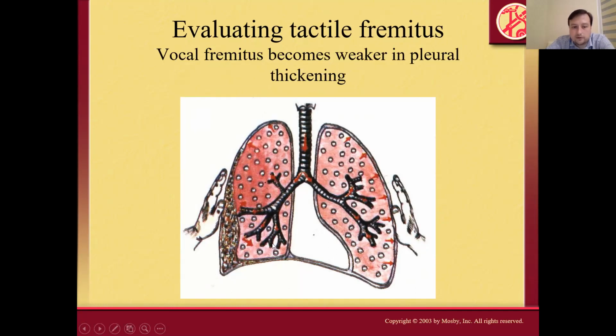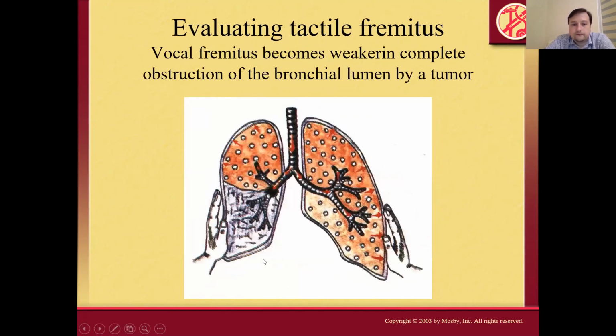In the left part, we hear weaker vocal parameters. Next reason, vocal parameters weaken in complete obstruction of the bronchial lumen by a tumor. Again, comparing, right part normal, left part in the apex is normal, in the lower parts it's absent, so it becomes weaker.